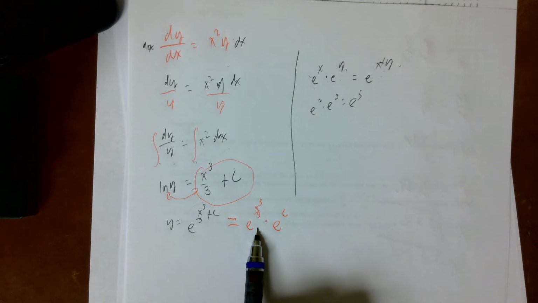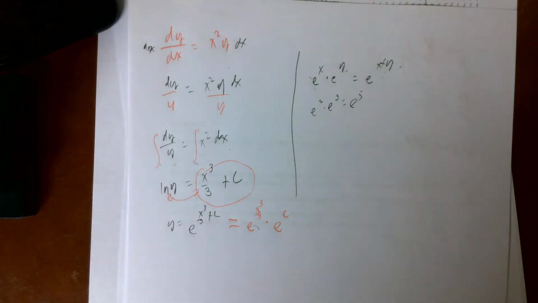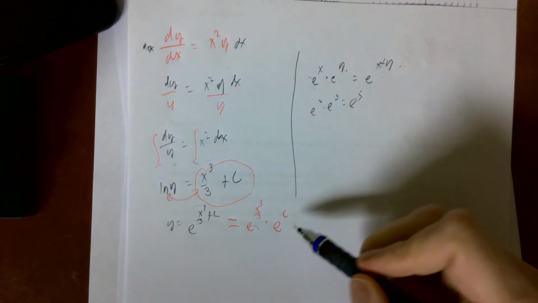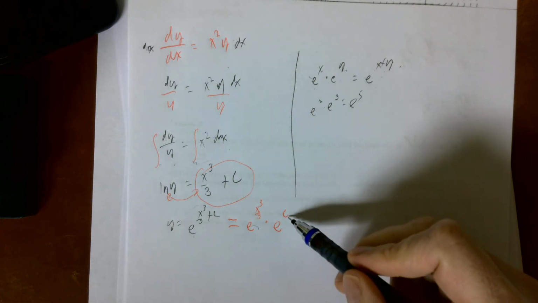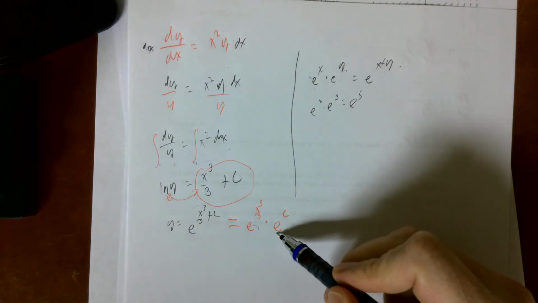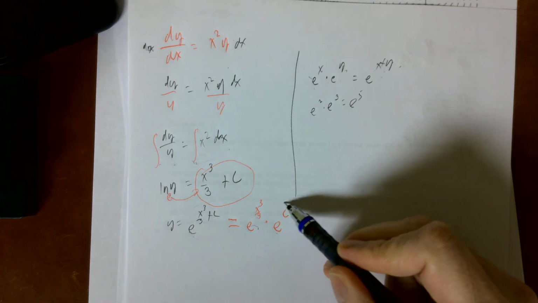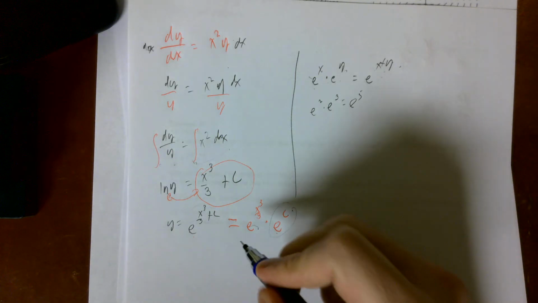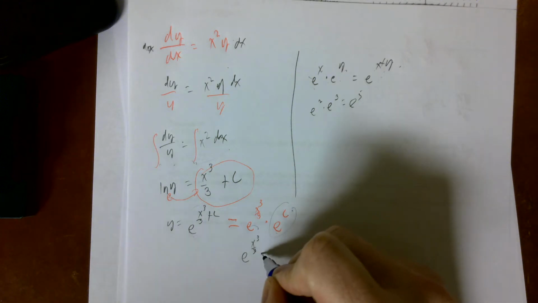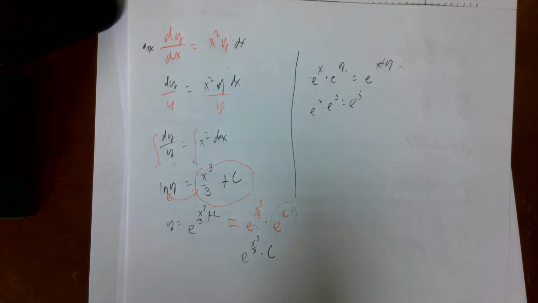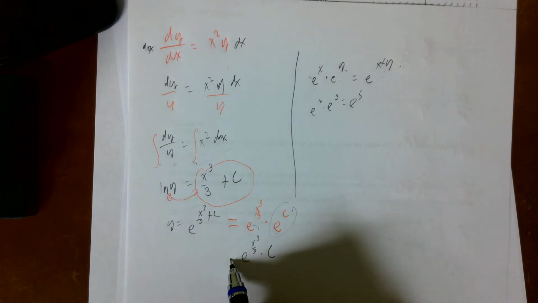And then I get to say the phrase that I like to say a lot when teaching this. C is a number I don't know. E to a number I don't know is just a bigger number I don't know. So technically this is e to the x cubed over 3 times a big number I don't know. In practice, we usually write that number in front.